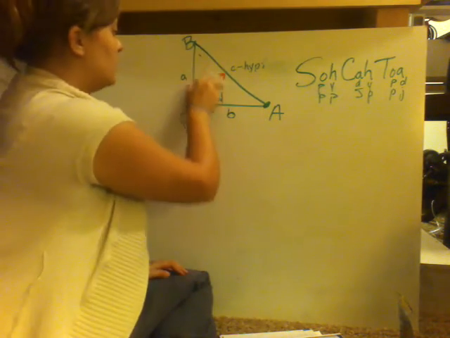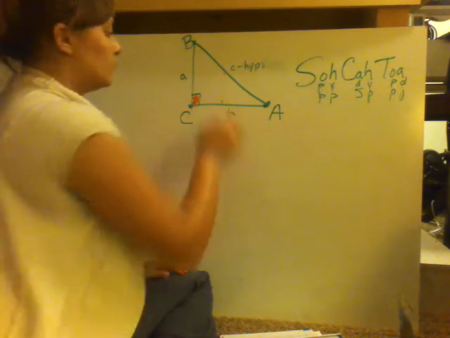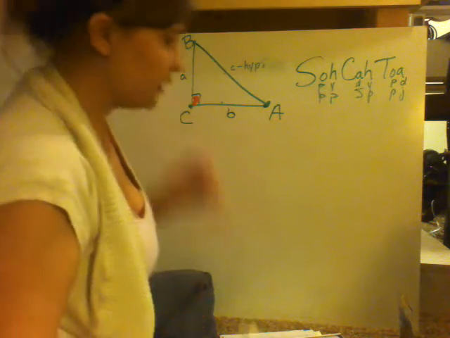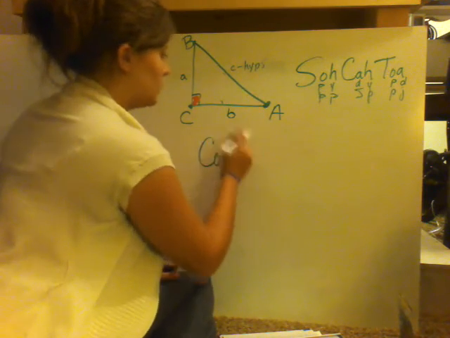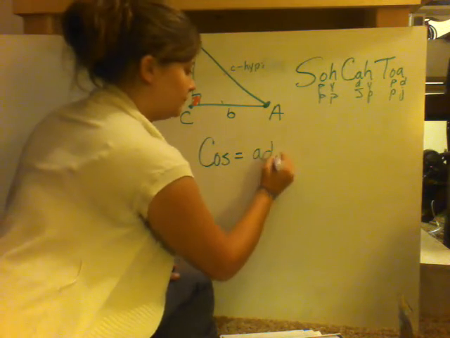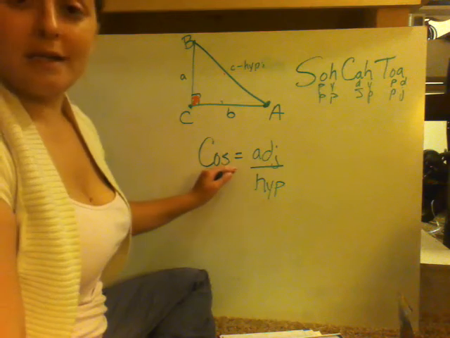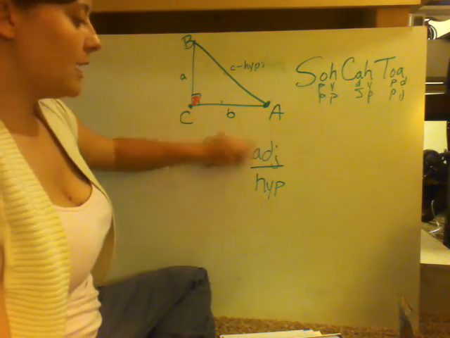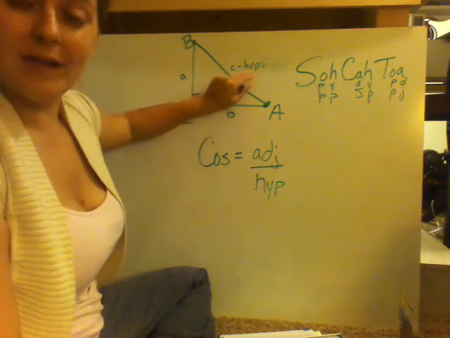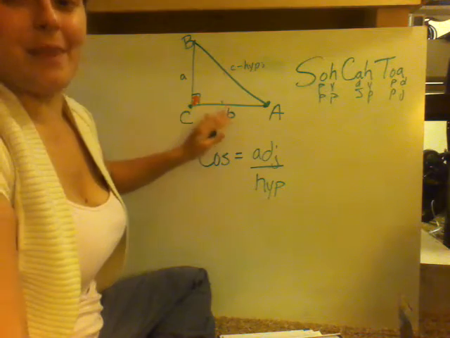Okay, so now I'm going to do cosine. So cosine is equal to adjacent over hypotenuse. Remember, adjacent meaning directly next to. So if I say A, and I know that I'm already using my hypotenuse, because obviously the hypotenuse is next to it as well, but what I'm looking for is what is not the hypotenuse.